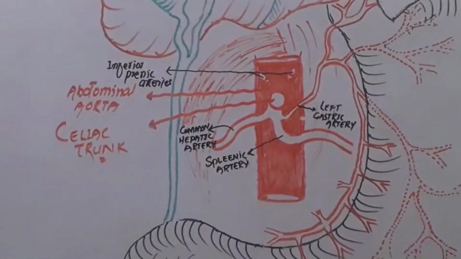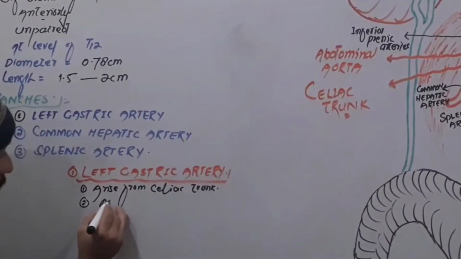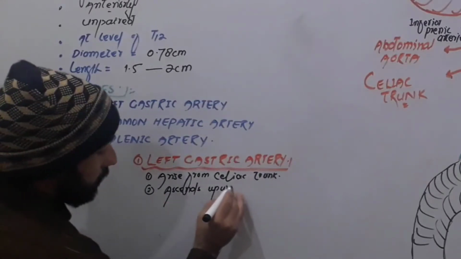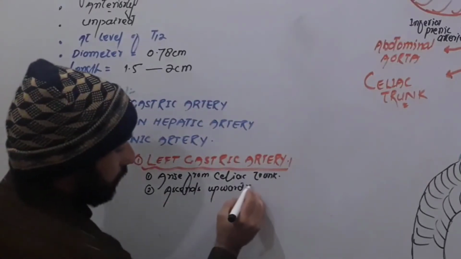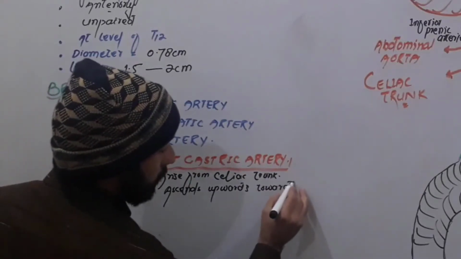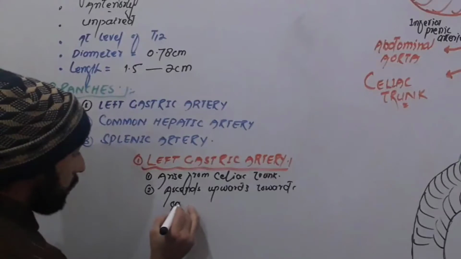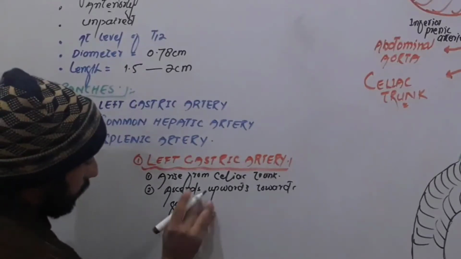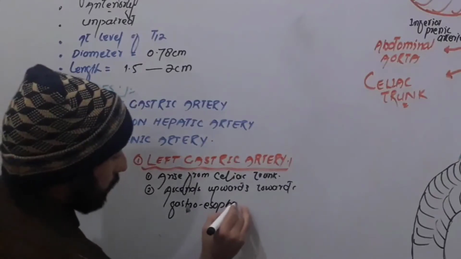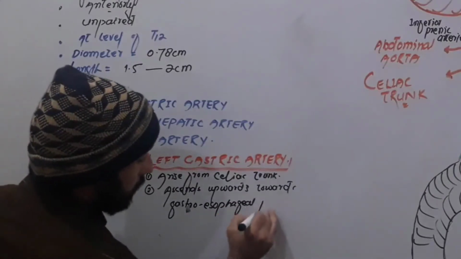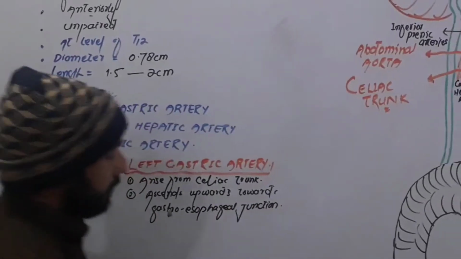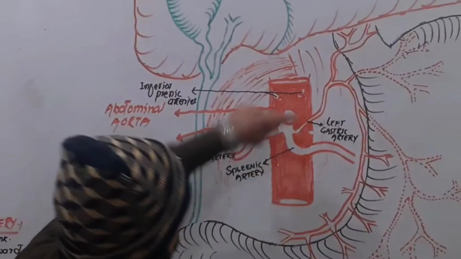So we write here the second point: then it ascends upwards towards the gastroesophageal junction, right?